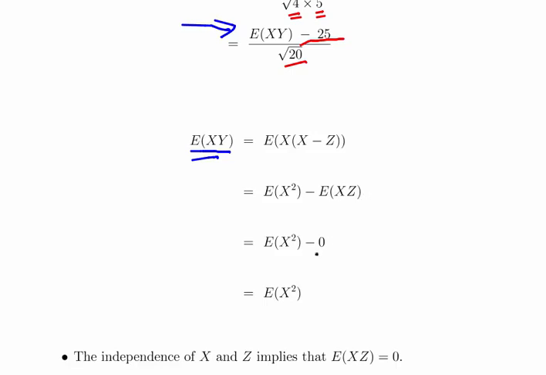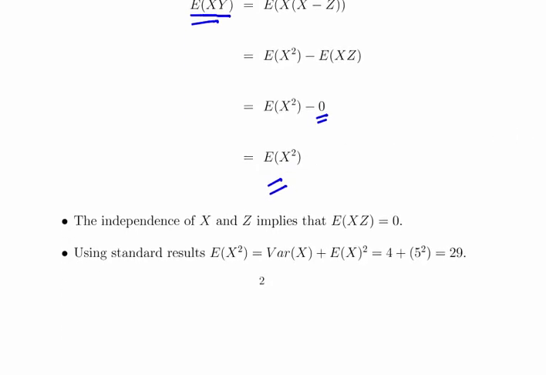And the expected value of x times z is going to be 0. So essentially the expected value of x times y is going to be the expected value of x squared. By independence of x and z, the expected value of xz is equal to 0. It follows on from independence.